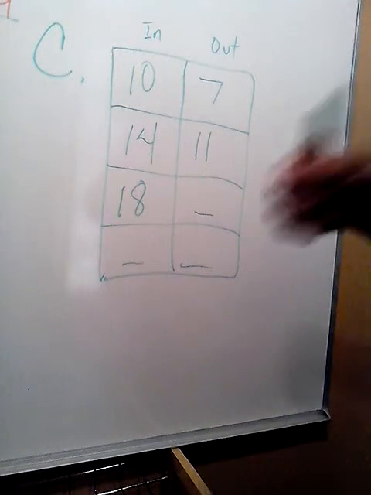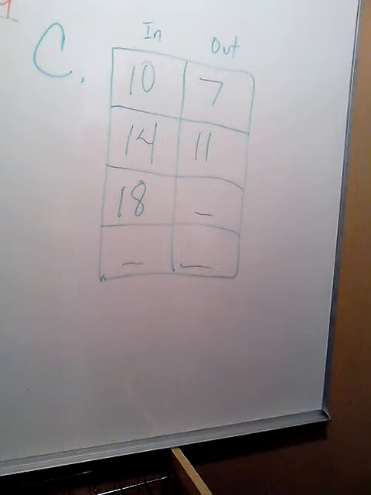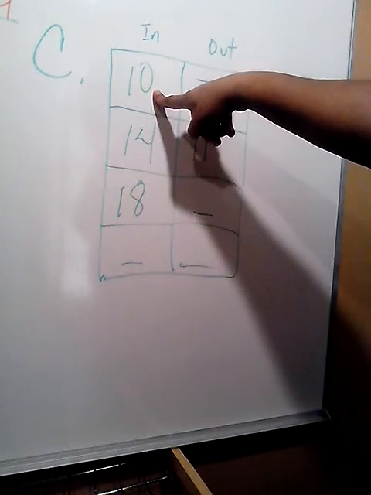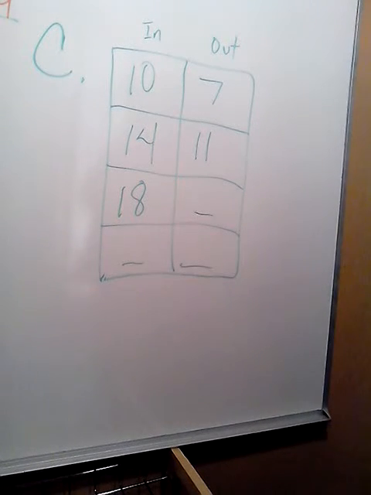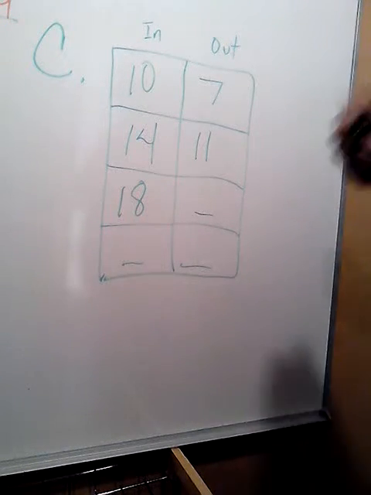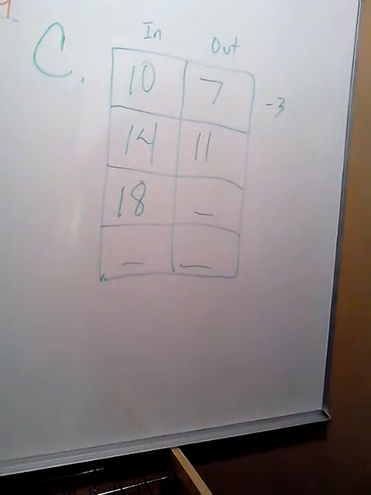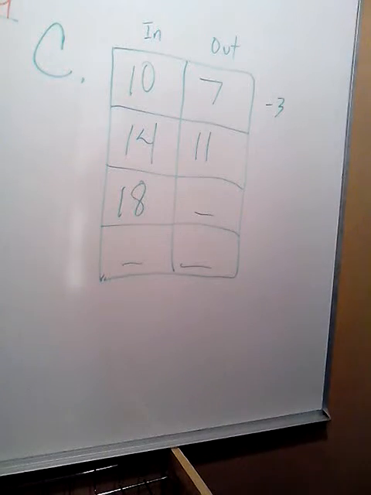So if it's subtraction, we can figure out the rule. We can ask ourselves, what do we have to subtract from 10 to get 7? Three. This will be minus 3. Well, if this is the rule, it will also work for 14 and 11.